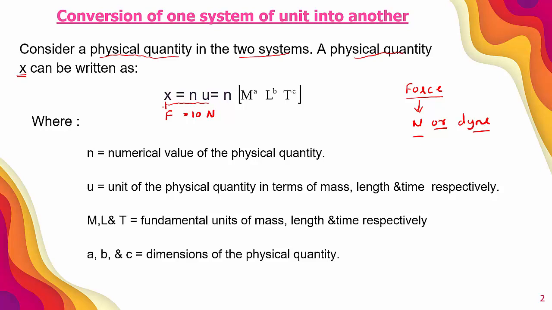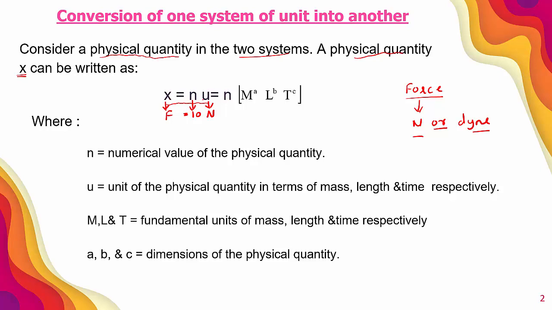X is a physical quantity, for example, force. N is a numerical value of the physical quantity, that is 10. U indicates unit of the physical quantity. Let us take it as Newton. Is it clear? So first we have to write X equal to NU.